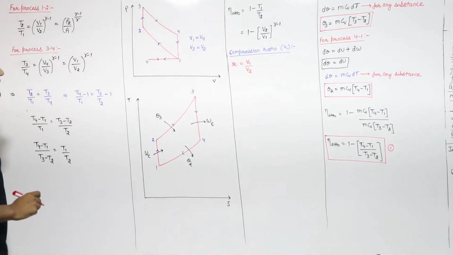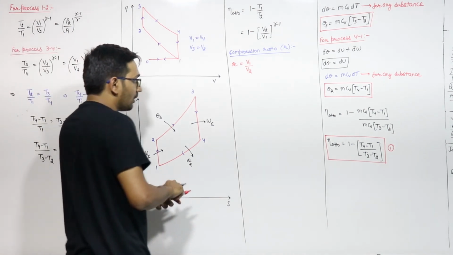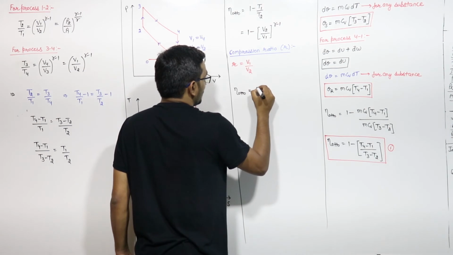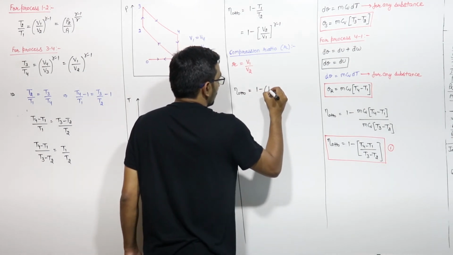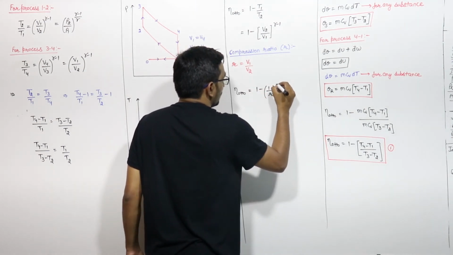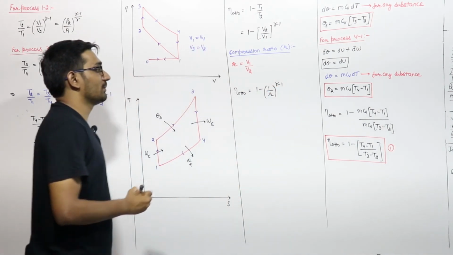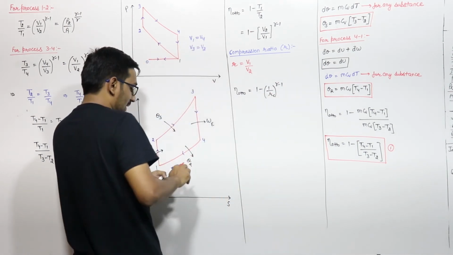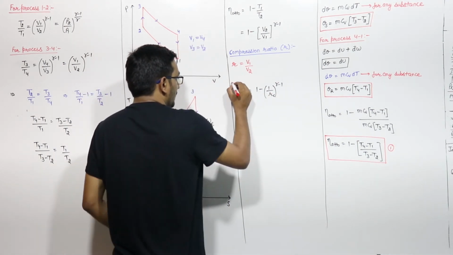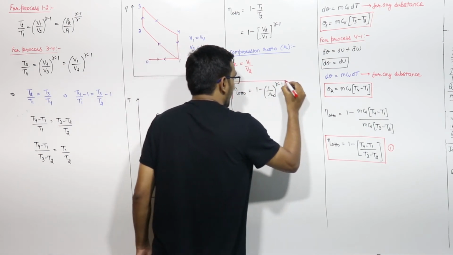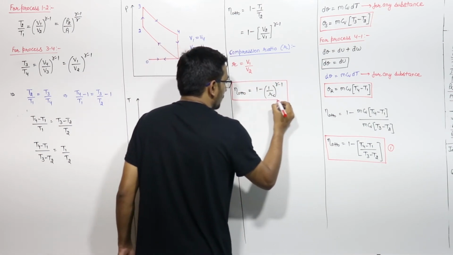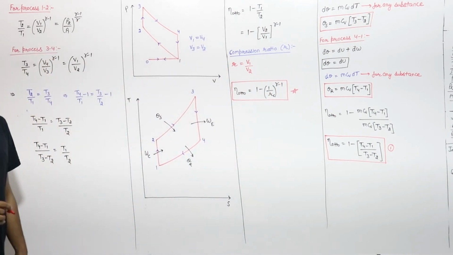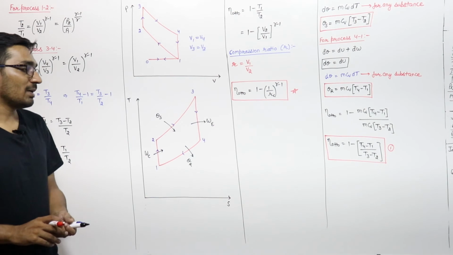So now from here you can get that the efficiency of the Otto cycle will be 1 minus 1 by R raised to power gamma minus 1, where R is the compression ratio. This will be the final formula for the efficiency of the Otto cycle: 1 minus 1 upon compression ratio raised to power gamma minus 1.